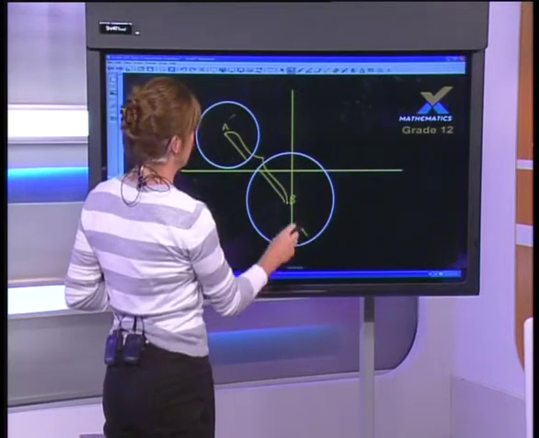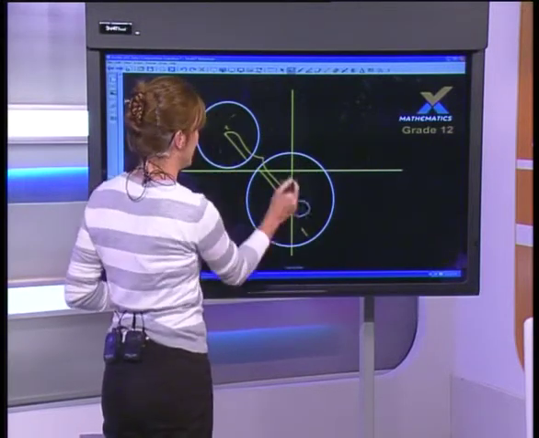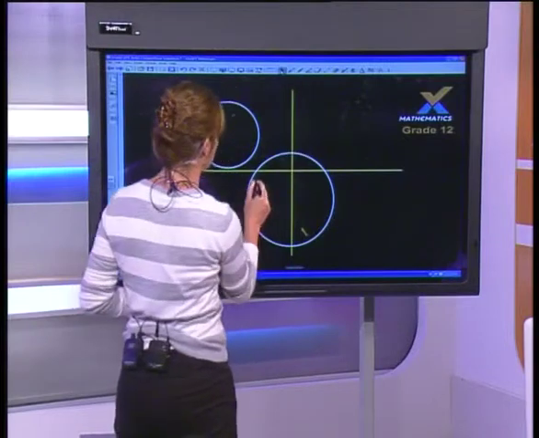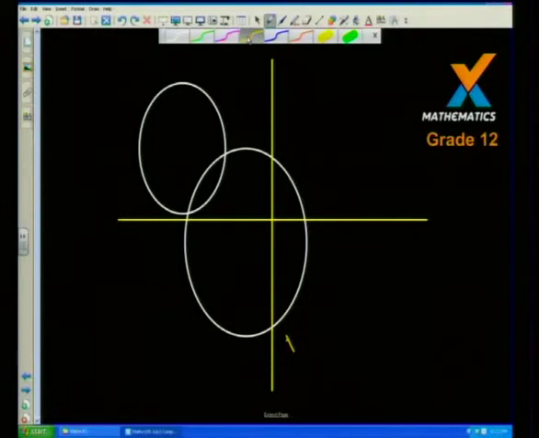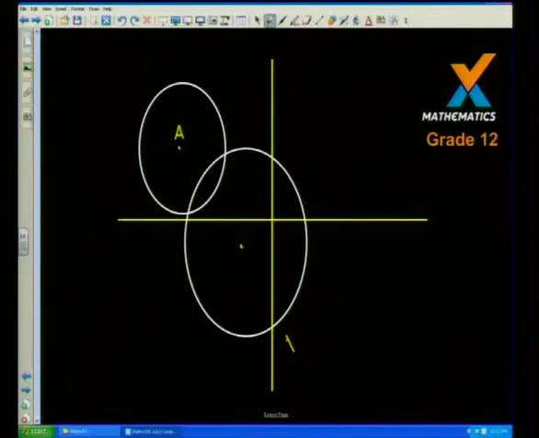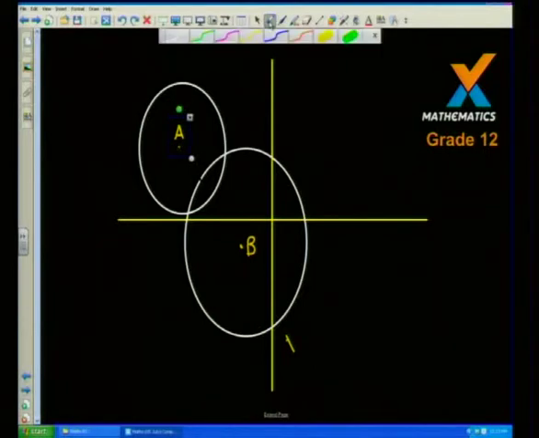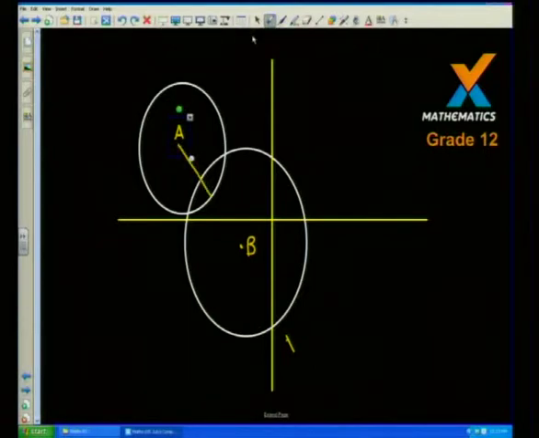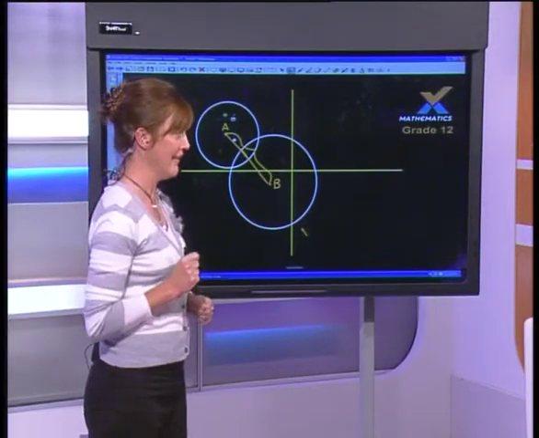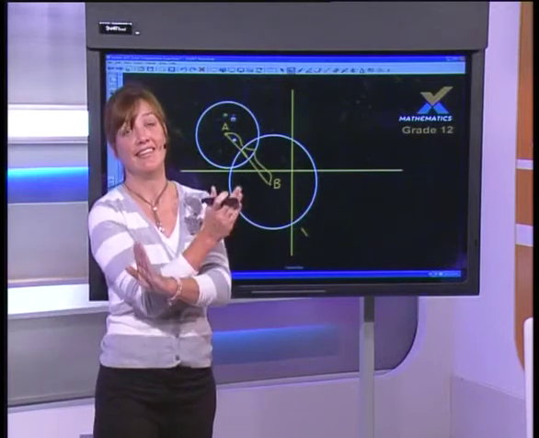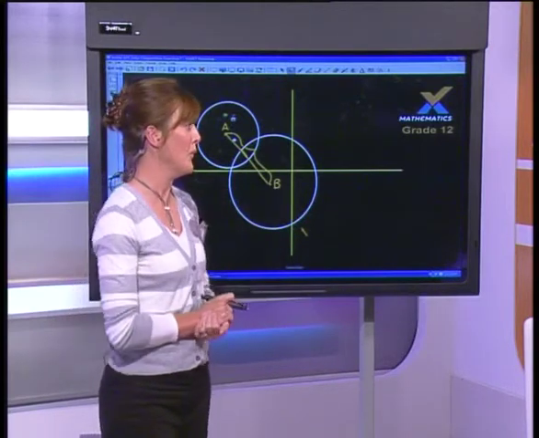And alternatively, to prove that they intersect twice, if we were to take our circle and push it up like so, I'm now going to take my point A and my point B. The sum of the radii, from that radius plus that radius, is going to be longer than the distance from my one circle center to my other. And if it's longer, that's proving that they've overlapped, so they're intersecting more than once.